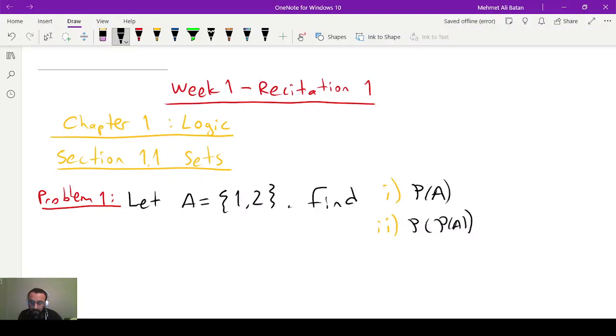Okay, so before solving the question, let me give you some basic information in order to understand the idea of the question. First, let me start with a remark. Our remark is the following.